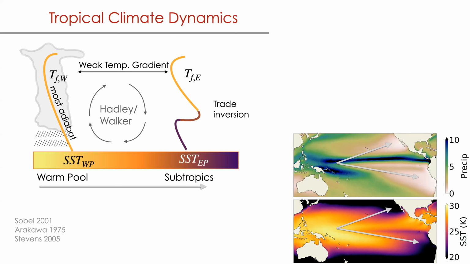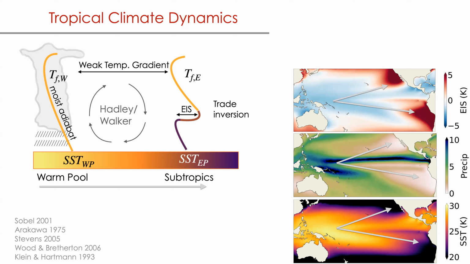Over the cold SSTs in the East Pacific, though, the temperature in the boundary layer is set by the regional cold SSTs, so we end up with an inversion being set up at the top of these boundary layers. We can quantify the strength of this inversion using something called estimated inversion strength, or EIS, and indeed we see that EIS is largest in the subsidence regions over the cold SSTs.